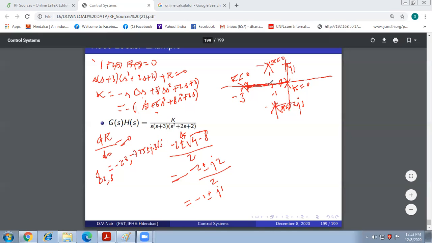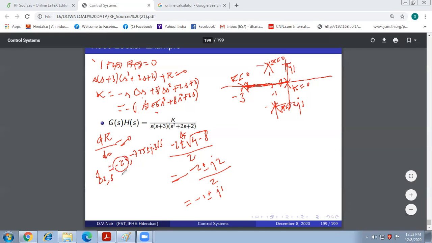Now you know which can be the likely candidate that qualifies as the breakaway point. Since the two branches are on the real axis, naturally somewhere on the real axis only they will meet, collide with each other first. So the point on the real axis at which they meet, among these three candidates, this only is eligible.